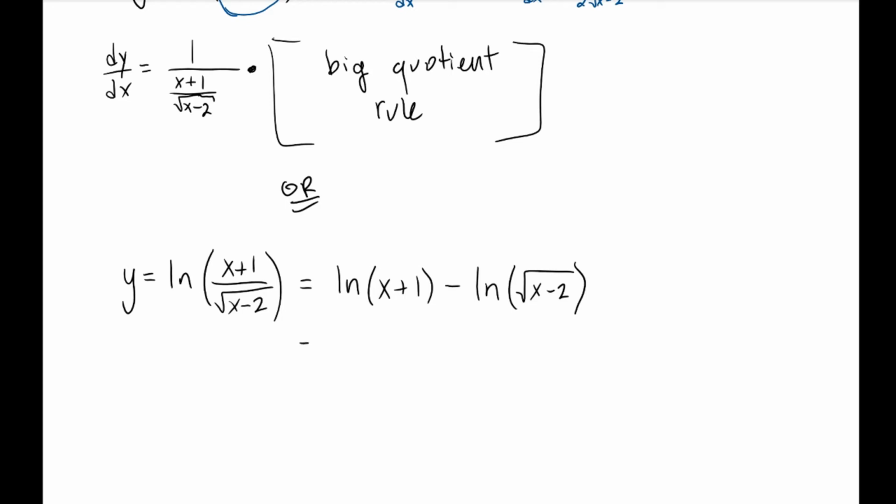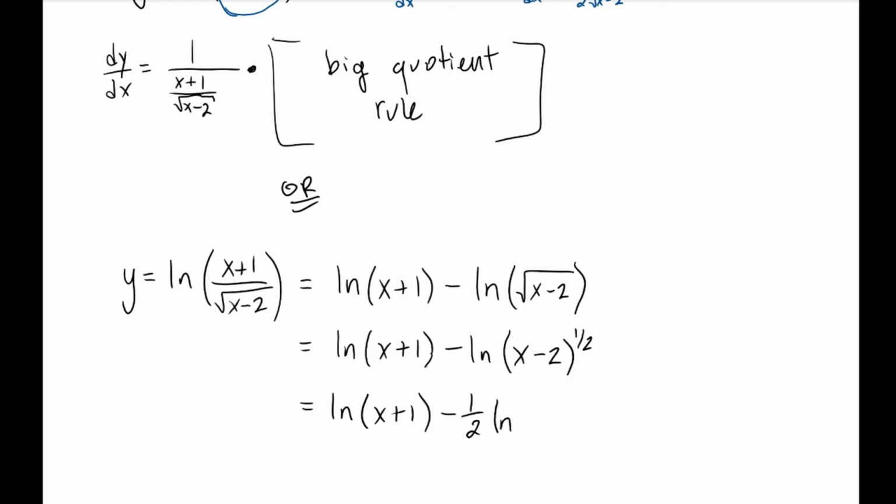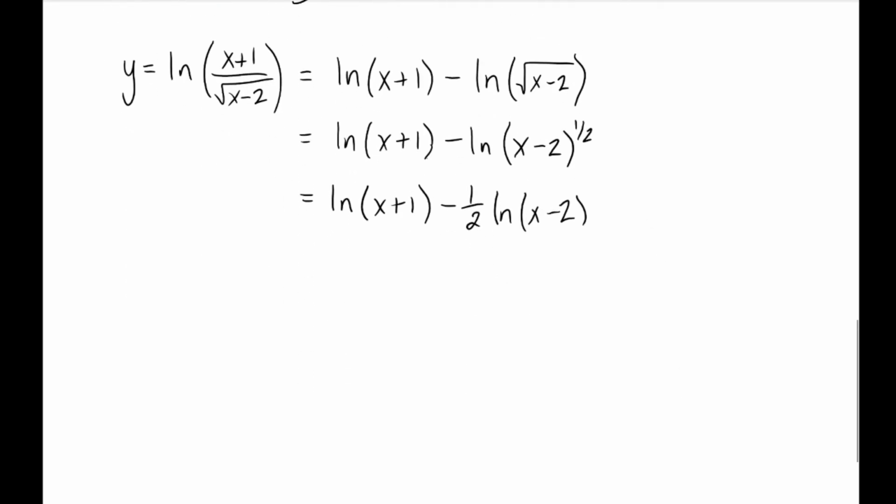And in fact, I'm going to go one step further, because I know that when I have a square root inside a logarithm, I can actually take that square root and write it as an exponent of 1/2, which I could actually then use my logarithm laws again and bring that exponent of 1/2 down in front. And now what I've done is I've actually taken the original function and made it a lot simpler when it comes to taking the derivative.